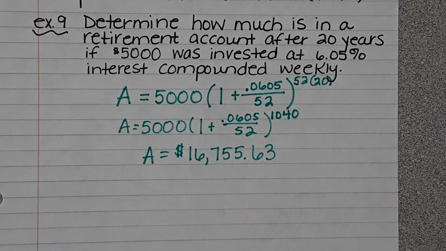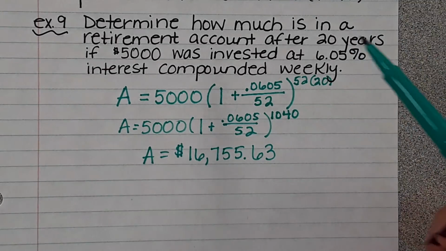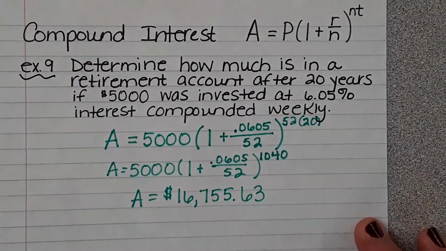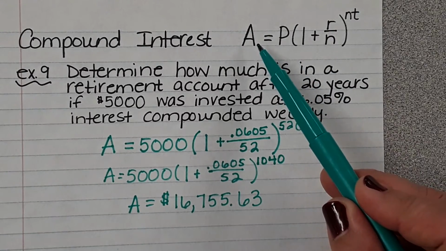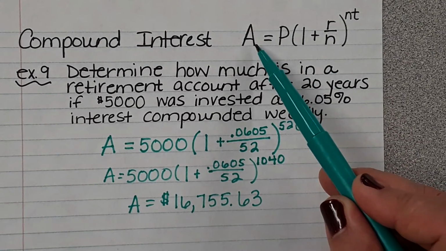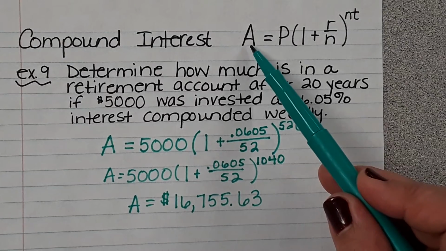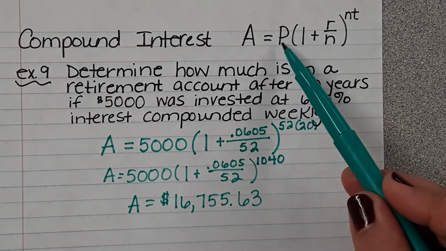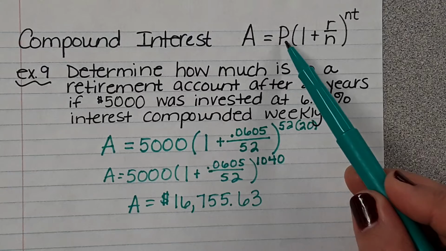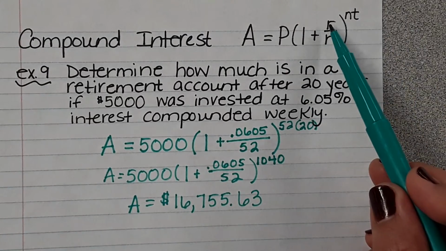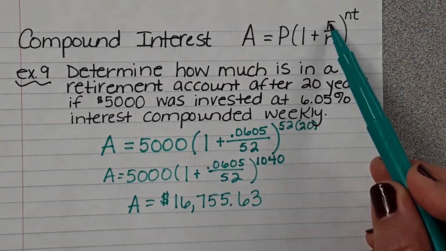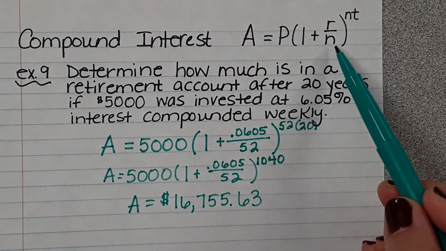Any other questions? So let's just go over just one more time. Okay, what does A mean? Basically, how much money do you have in your account? What is P? It's your principal, it's your starting amount. What is your R? The rate, the interest rate. What is the N?